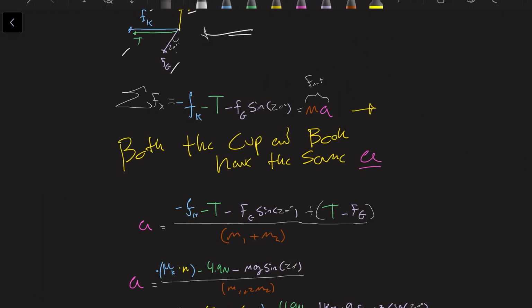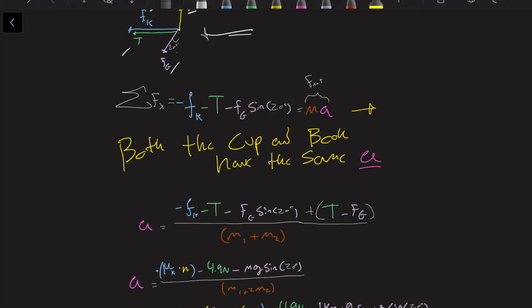When solving for a, and this is the part that I personally got confused on, you actually want to take all of their forces, because this tension force is going to change based upon whether the cup is accelerating or the book is accelerating. They'll have the same a, but the tension will change based upon their acceleration rates.